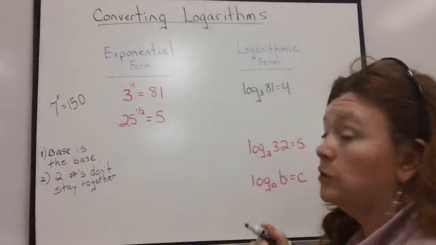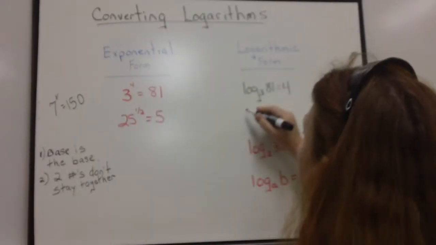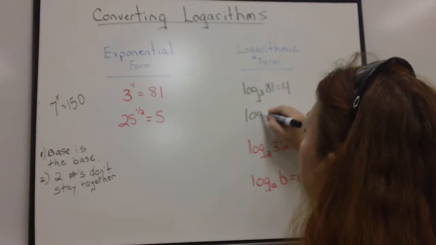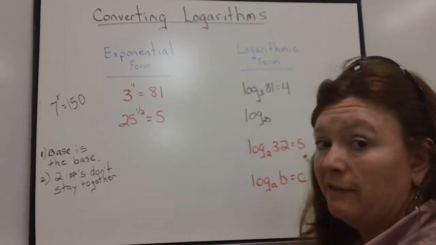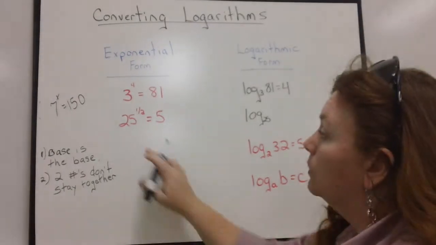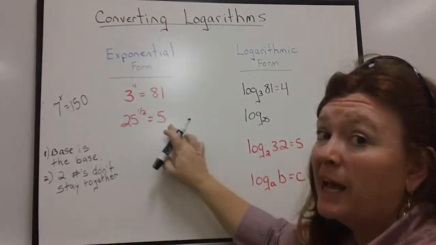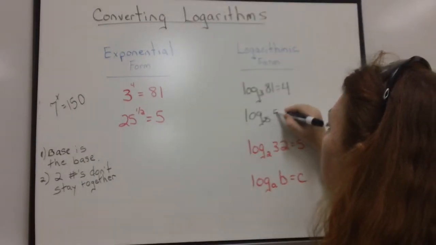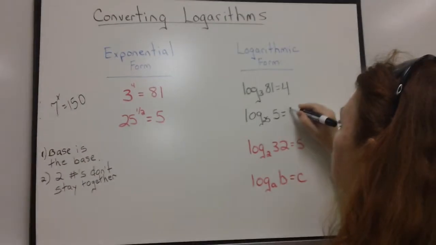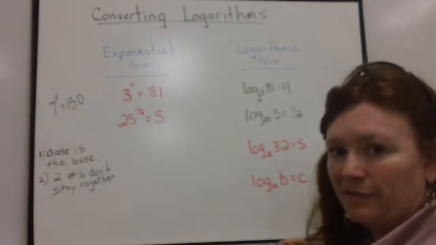So, if 25 is my base, then when I write it in log form, 25 is still my base. So it's log base 25 of, well, 25 can't stay with the 1/2, so it must be with the 5. Log base 25 of 5 equals 1/2.